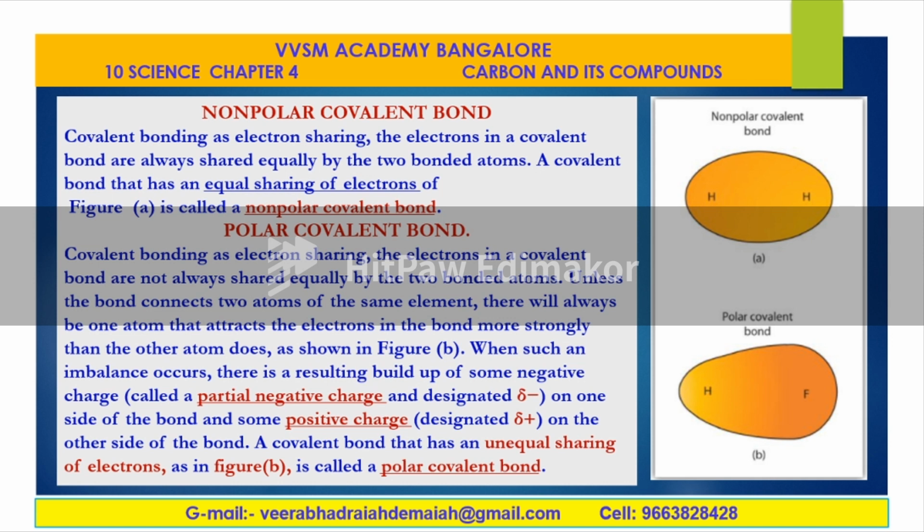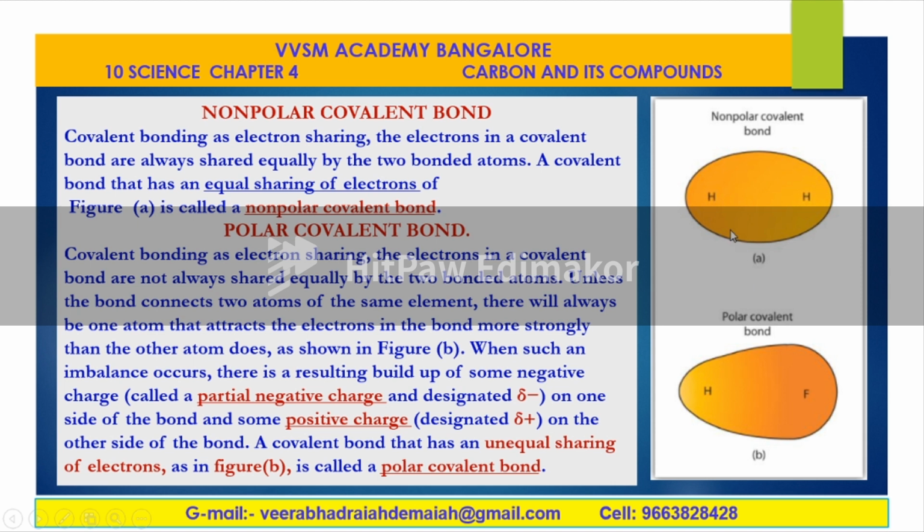One is a partial negative charge, another is a partial positive charge. Partial negative charge is designated as delta minus, a small negative charge, and a small positive charge is designated as delta plus on the other side of the bond. A covalent bond that has an unequal sharing of electrons, as in figure B, is called a polar covalent bond.